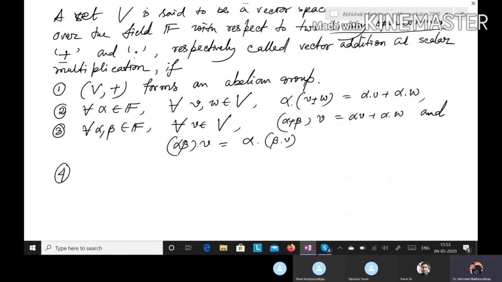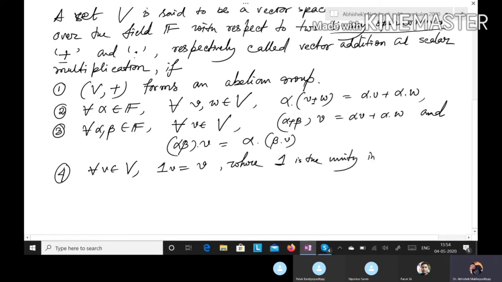So for all V belongs to V, 1 dot V equals V, where 1 is the unity in the field F.